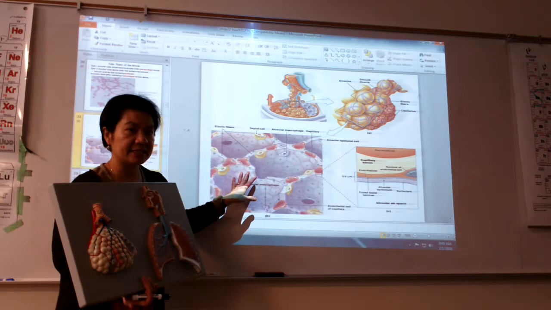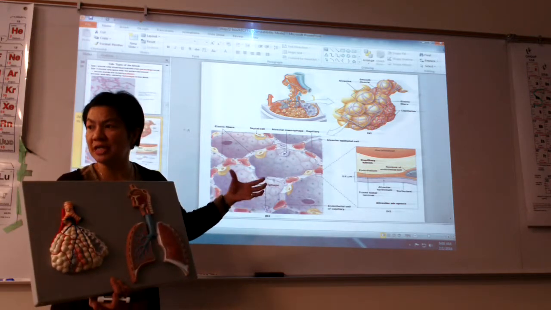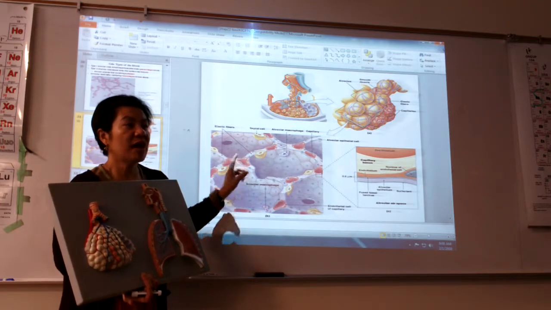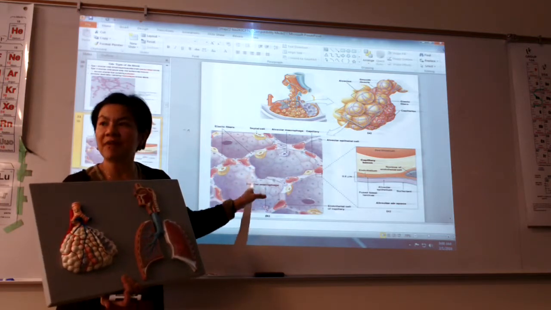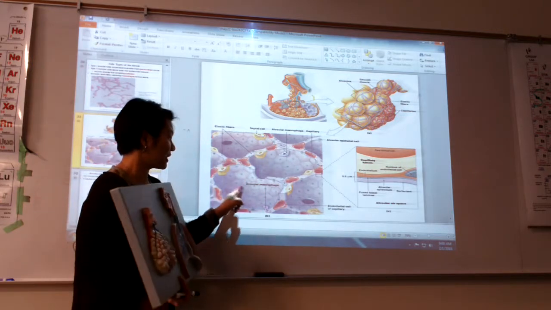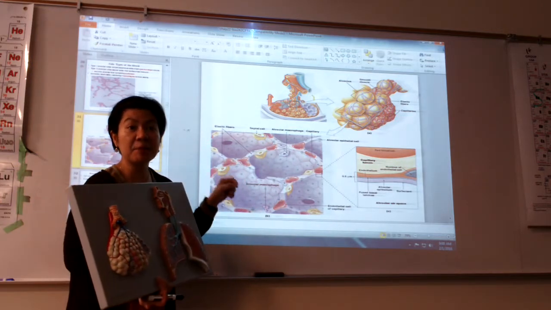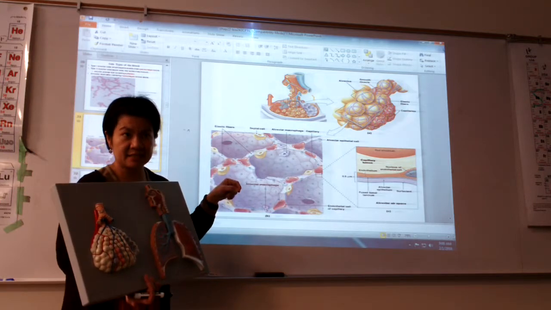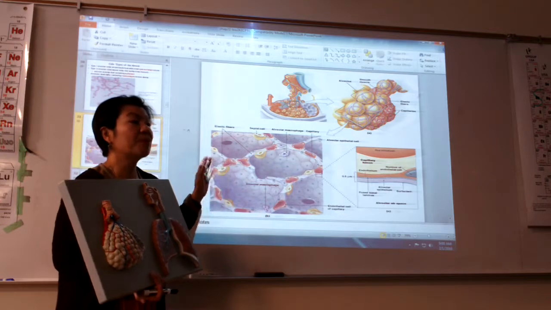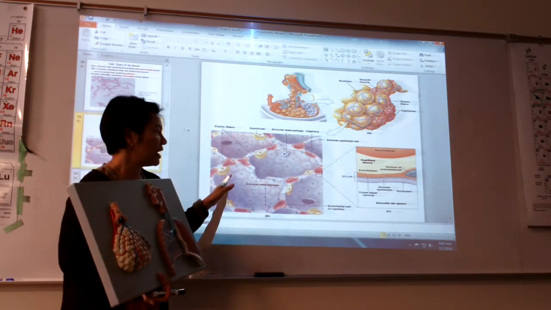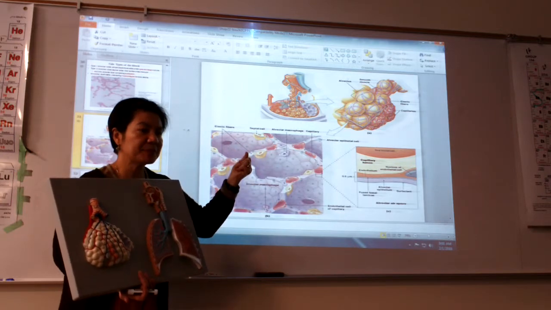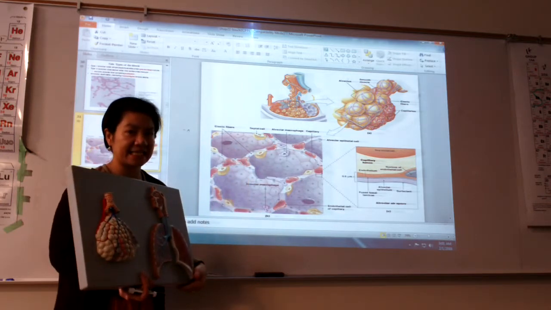It's always moist, but there is no way to keep it always open. There's no cartilage here. So how will it prevent itself from collapsing? That is the job of your type 2 cells. That's the purpose of surfactant: to prevent your alveolus from collapsing. A collapsed lung is referred to as atelectasis.